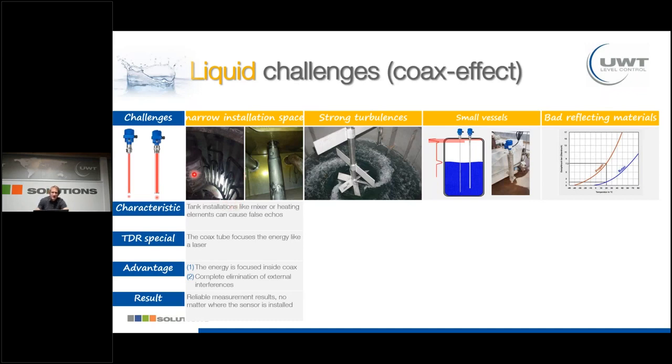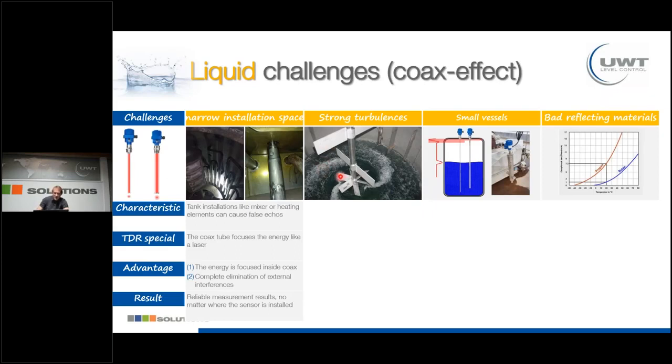Here all the energy is focused inside this tube, so we can ignore any installations and get the best measurement results. You do not have to worry about any installations inside the tank.